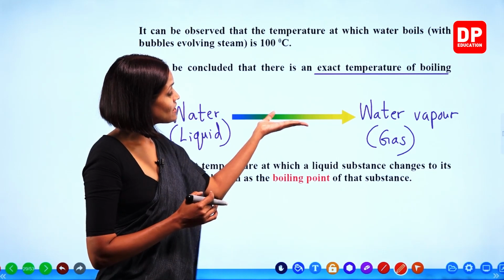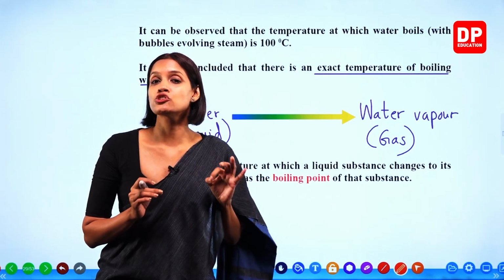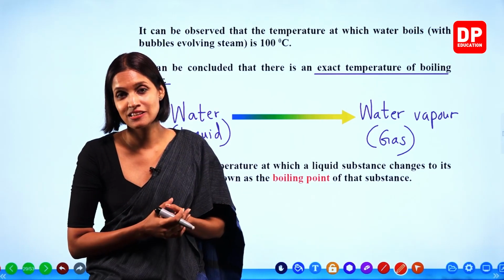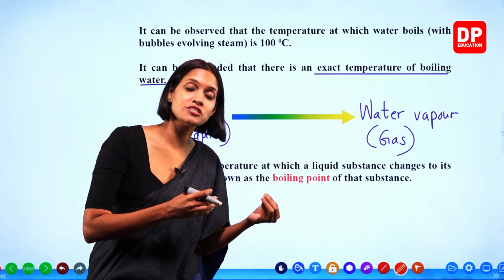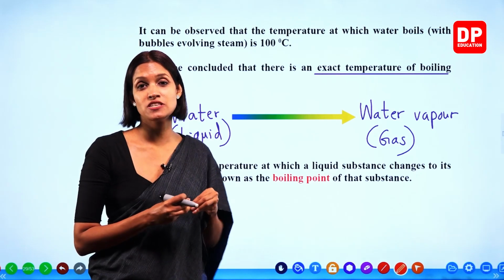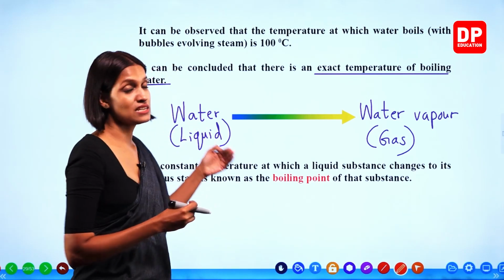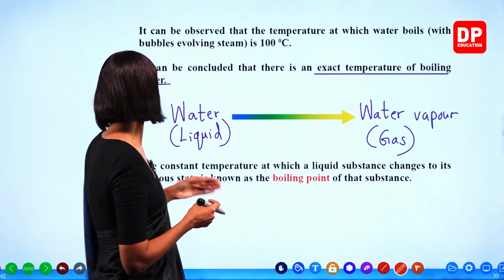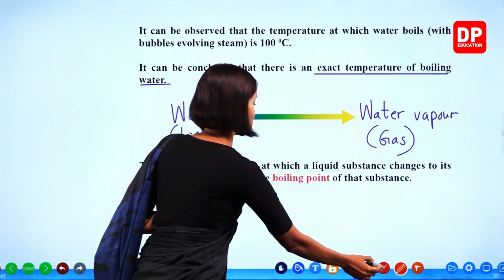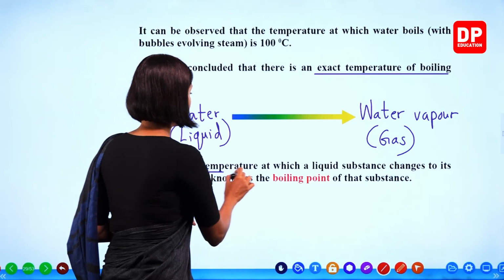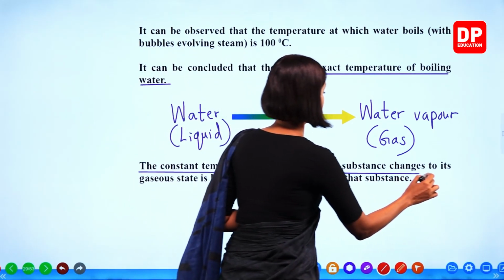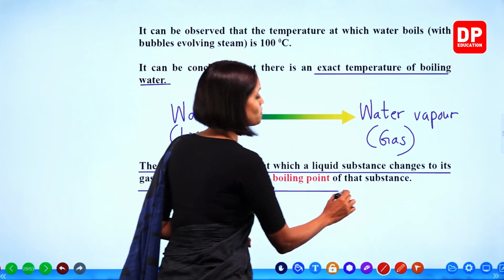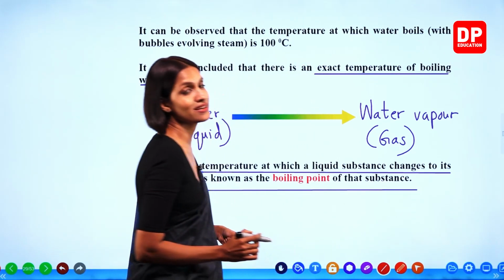So when you consider other substances, this value is not the same. From substance to substance, it changes. Okay, children, from substance to substance, this value changes. Therefore, when you consider a certain substance, it is a specific value. Okay, the constant temperature at which a liquid substance changes to its gaseous state is known as the boiling point of that substance.